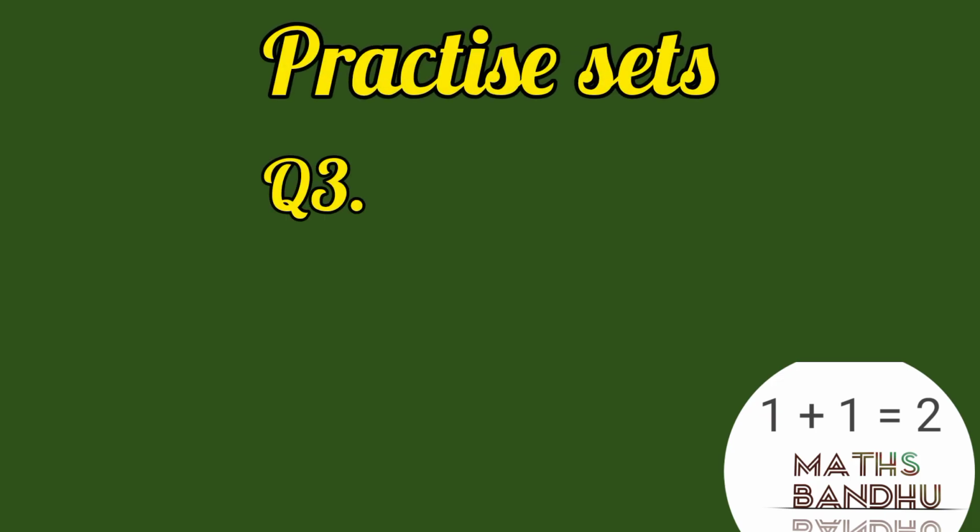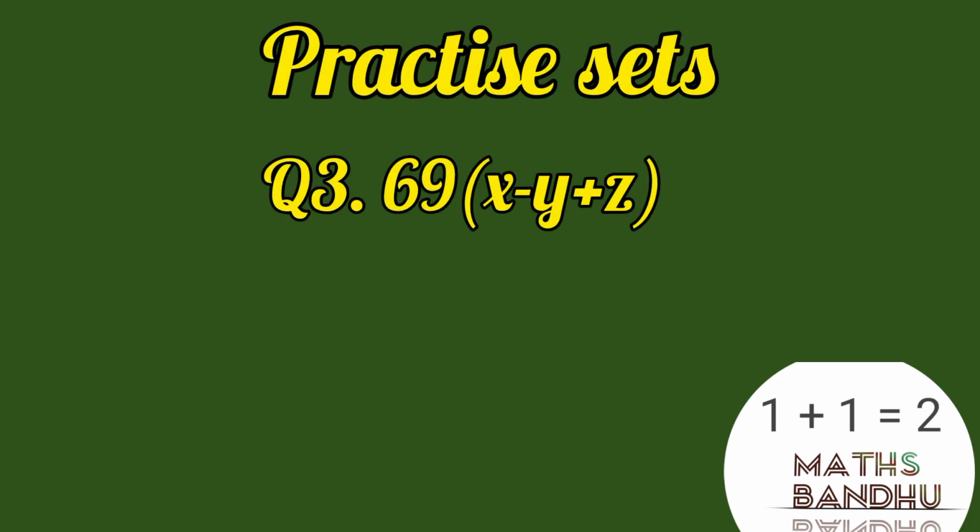So let's start off with the third question, which was 69 into (x minus y plus z). Now it's very easy, because you just have to merge the letters with 69, since you don't have any other numbers over here. Plus and a plus is plus, so 69 into x equals 69x.